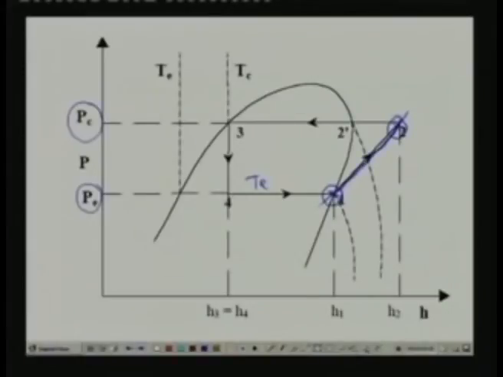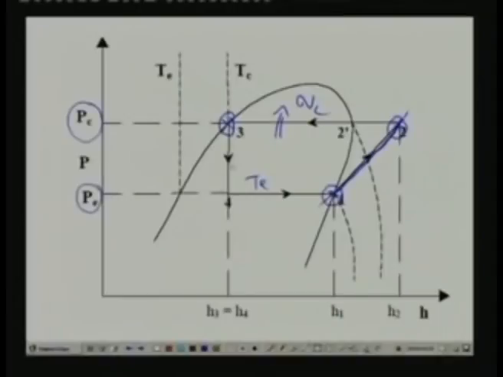Now process 2 to 3 is heat rejection in the condenser, and we know that it is an isobaric process. So all you have to do is draw a horizontal line beginning with point 2, and where it intersects the saturated liquid line, that is the exit of your condenser. So process 2 to 3 is a horizontal line on the pH diagram, and process 3 to 4 is an isenthalpic throttling process.